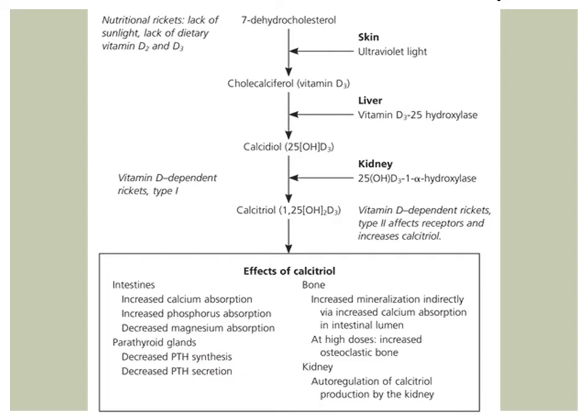The first one is 25, which occurs in the liver. The second one is 1, which occurs in the kidney. The final result is the most biologically active 1,25-dihydroxyvitamin D. So any break in this process, such as inadequate intake, inadequate sunlight exposure, or the patient having liver or kidney disease, can lead to deficiency of the active form of vitamin D.